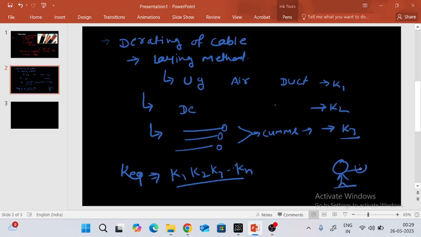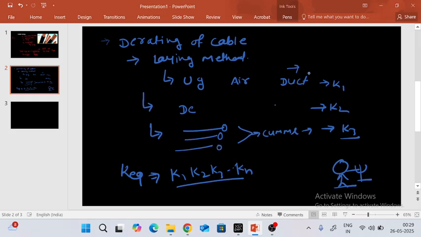Okay. So that is the de-ampacity of the cable. Keep in your mind, if a 400 sq mm cable has 400 amps ampacity, it's not necessary that it will carry 400 amperes in particular environmental conditions. It may increase or decrease the ampacity, but in my experience, there is a higher chance of decreasing the ampacity of the cable.